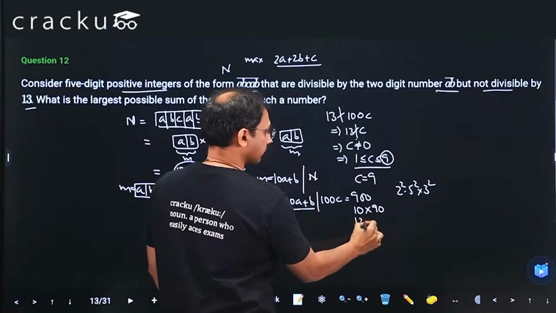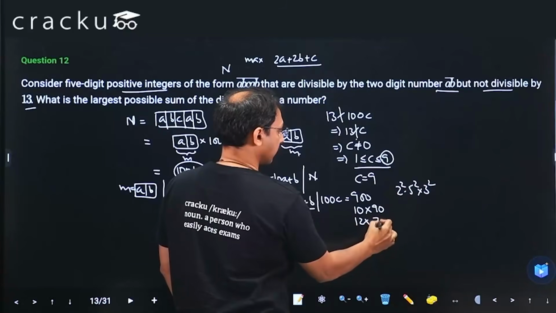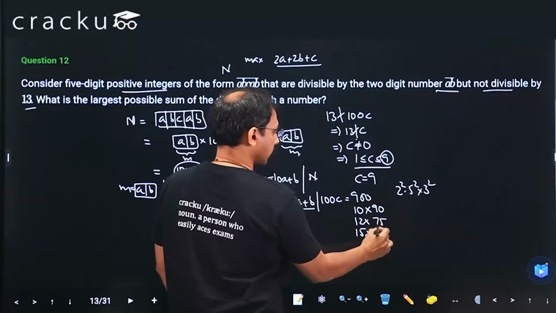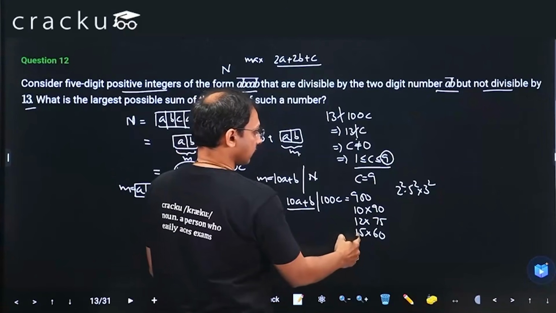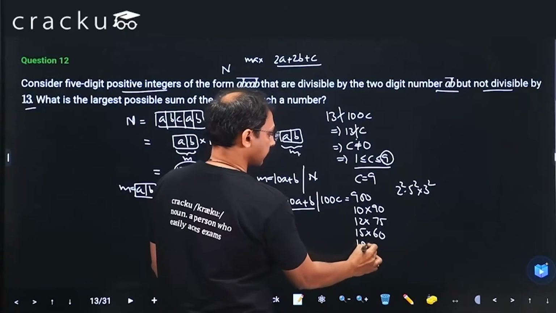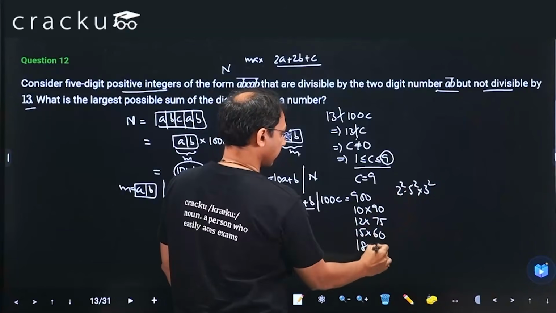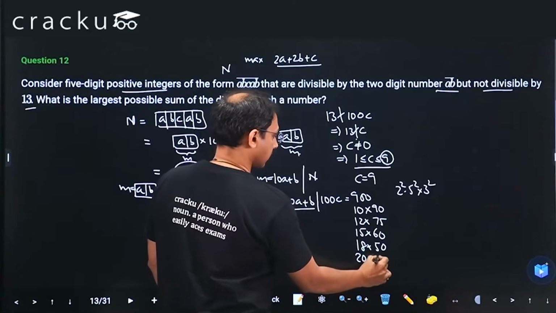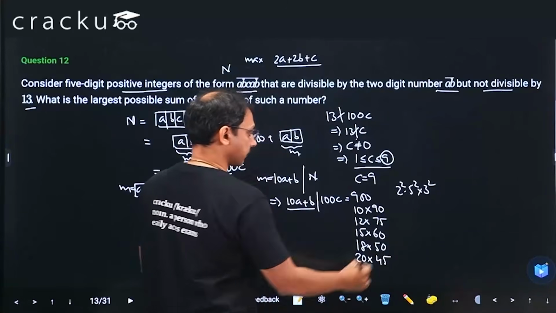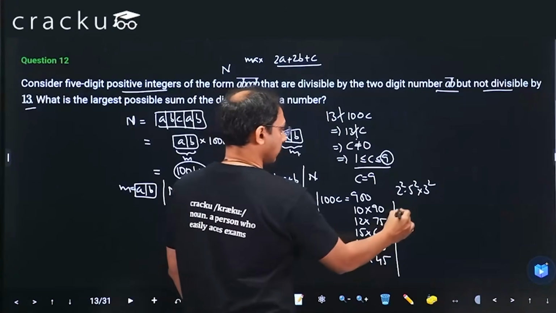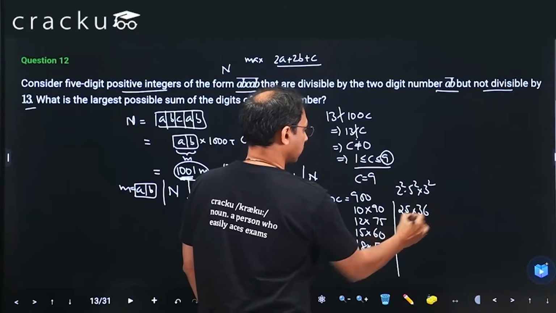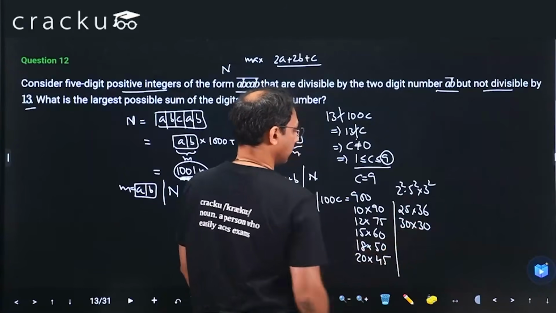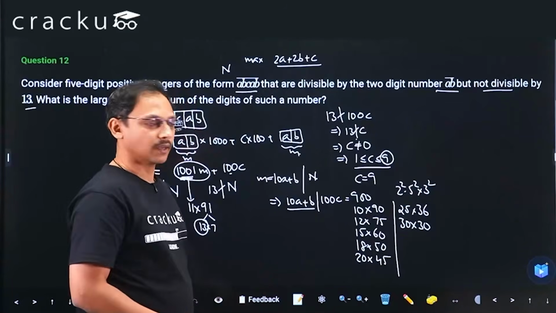Then I'll have 12 into 75, 15 into 60, then 18, 18 into 50, 20 into 45, then 25 into 36, then 30 into 30. These are all the 2-digit factors of 900.